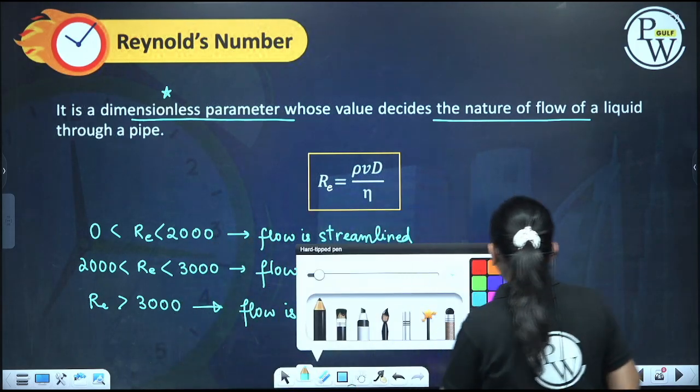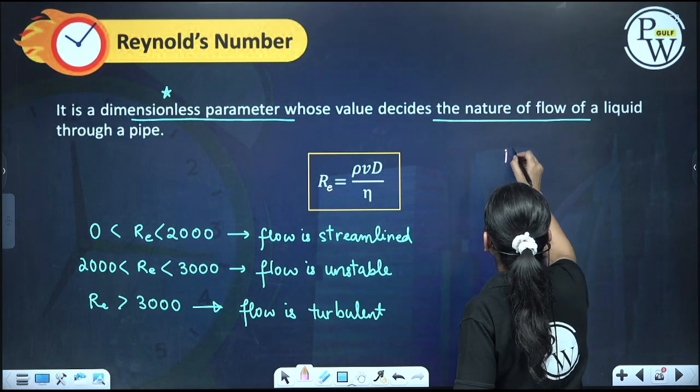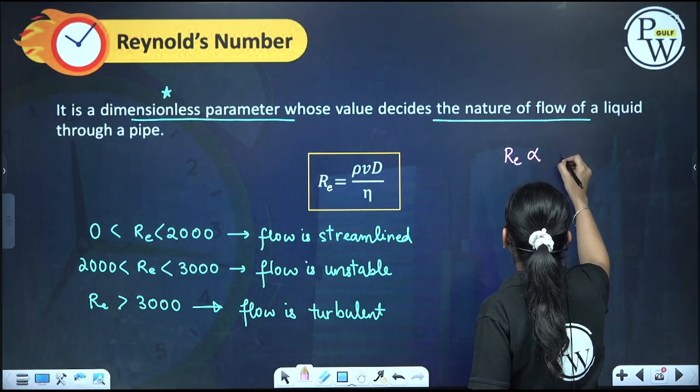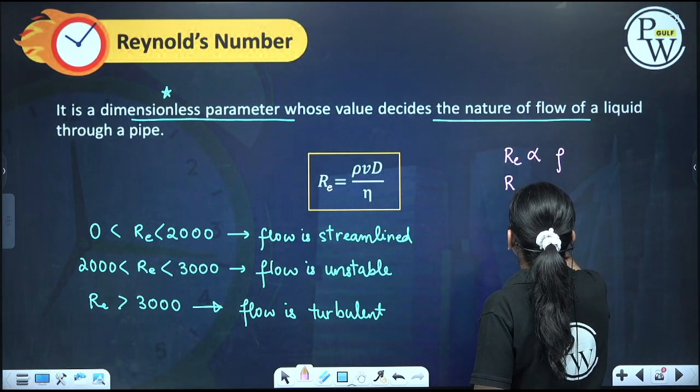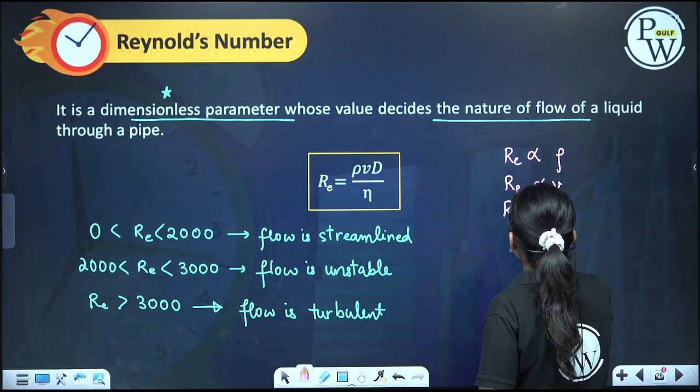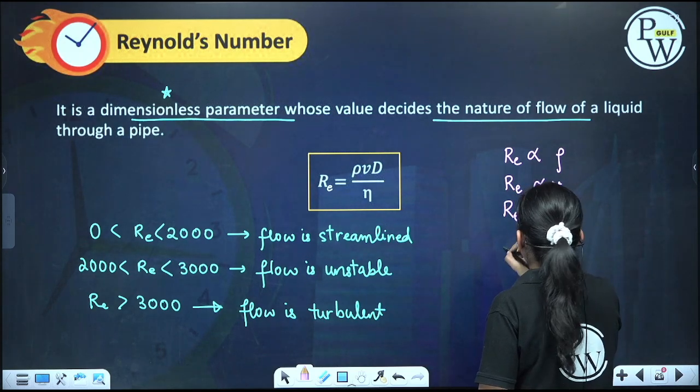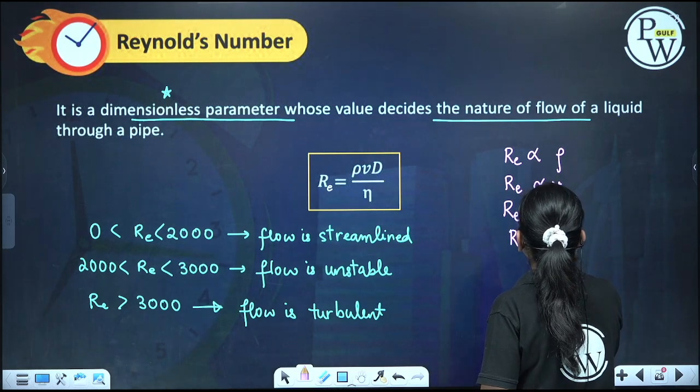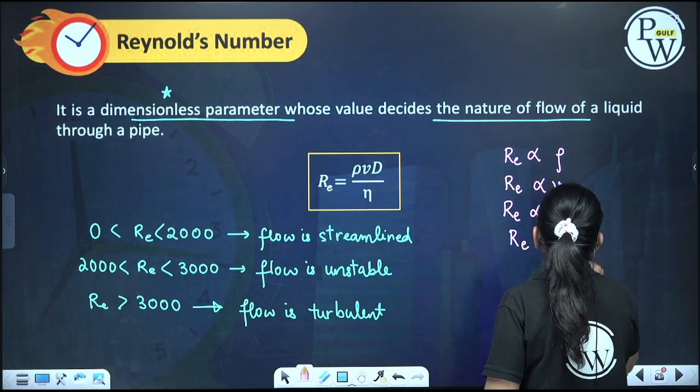Now see, the Reynolds number of any liquid is directly proportional to density, velocity, and the diameter of the tube, and inversely proportional to eta.